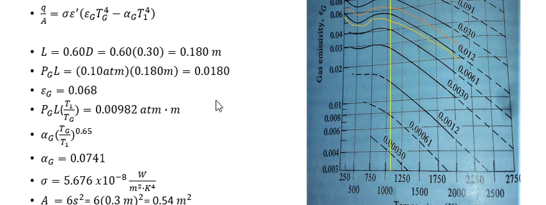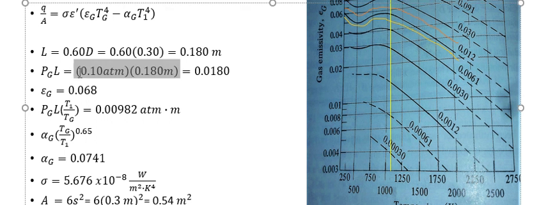And to find the gas emissivity, we will multiply the L with the partial pressure of the gas. Since inside the furnace the total pressure is 1 atmosphere, and the carbon dioxide inside is 10%, then 0.10 times 1 is 0.10 atmosphere.